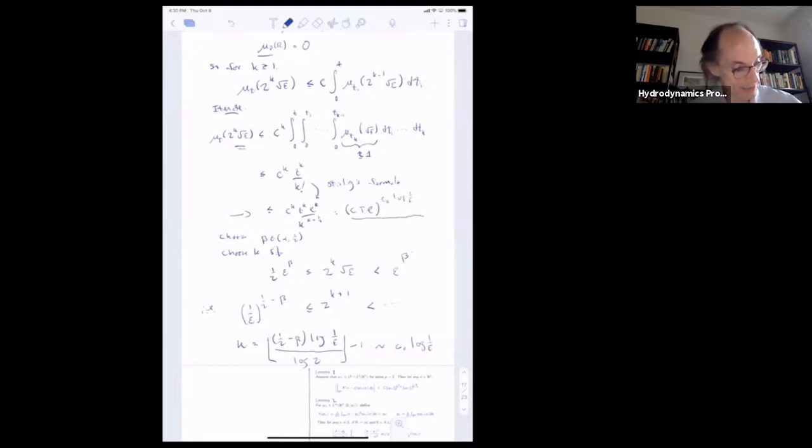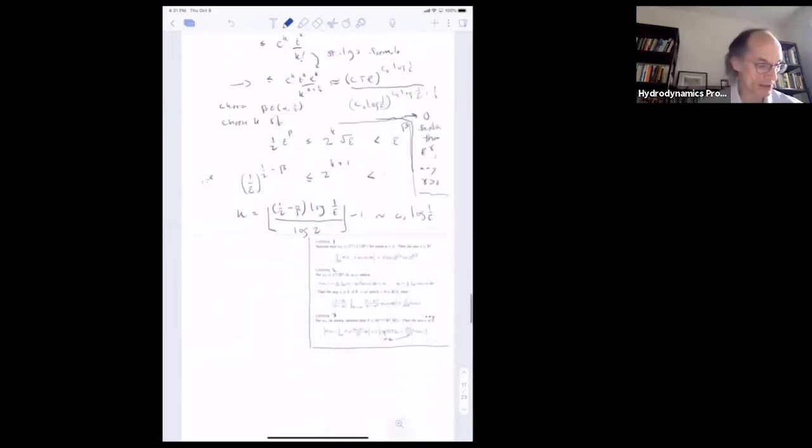Down here we have this, so I'm being a bit casual, but it's pretty easy to see that this goes to 0 faster than epsilon to the gamma for any positive gamma.